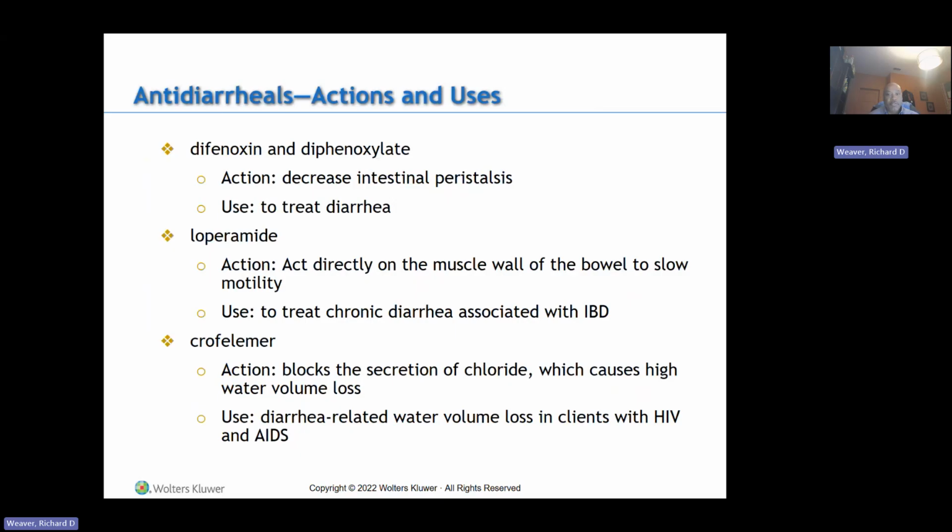So they give these particular drugs to slow down peristalsis. And when you slow down peristalsis, then that fecal material just moves slower throughout the colon, and more fluids can be pulled out of the colon into the bloodstream, and it makes the stool less watery. Hopefully that makes sense.